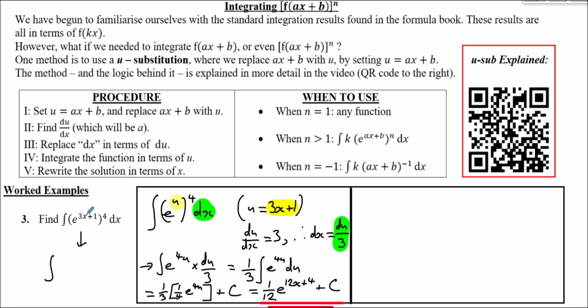I've got a power to a power. That's just the same as e to the 12x plus 4. So you can simplify the power straight away if you want to. And so for this one, what I could have said is u can be instead 12x plus 4.